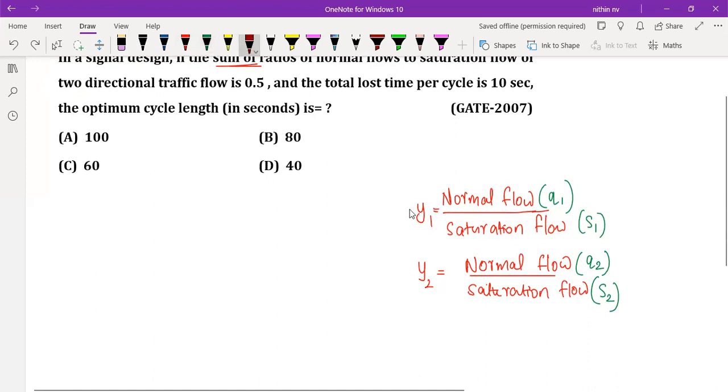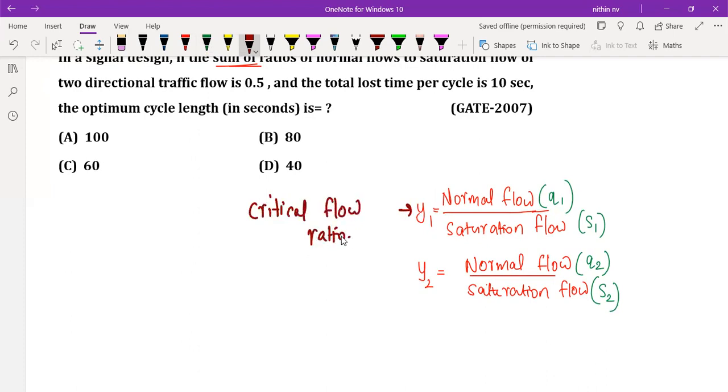So this ratio generally we call the critical flow ratio. You know why we are calling it the critical flow ratio? Because this normal flow is also called the critical flow. So I can say the critical flow ratio is nothing but the ratio of critical flow to saturation flow.